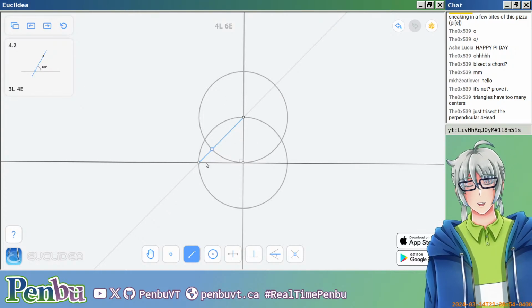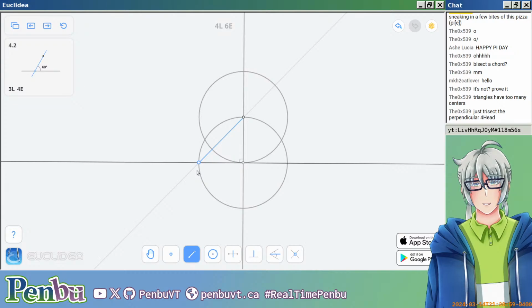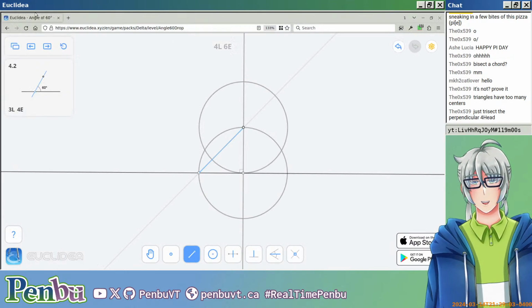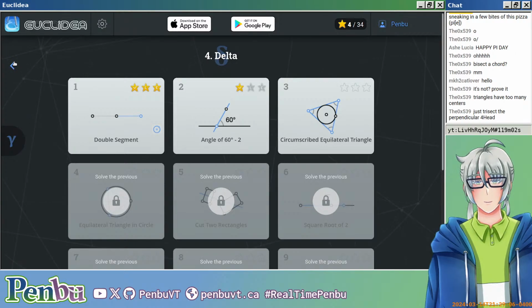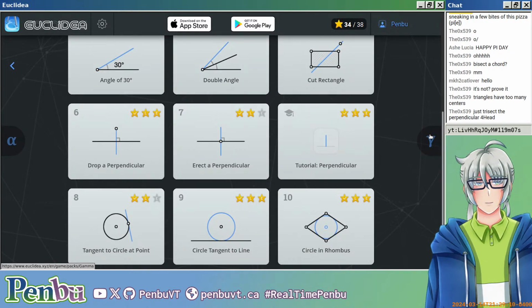What even is this angle? Wait a minute. That's a 45-degree angle. Did we just solve the other one? 45 degrees.